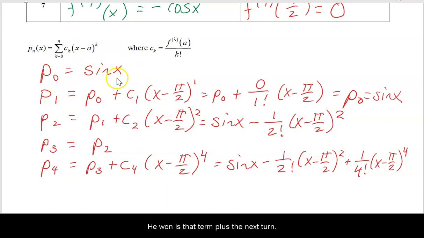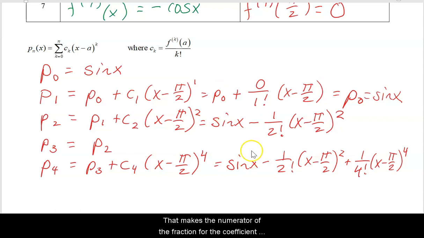P1 is that term plus the next term. It's the constant c sub 1 times x minus pi over 2 to the first. I went ahead and worked this out, though I knew it was going to zero out, because the second repeating pattern value when I plug in the center was a 0.